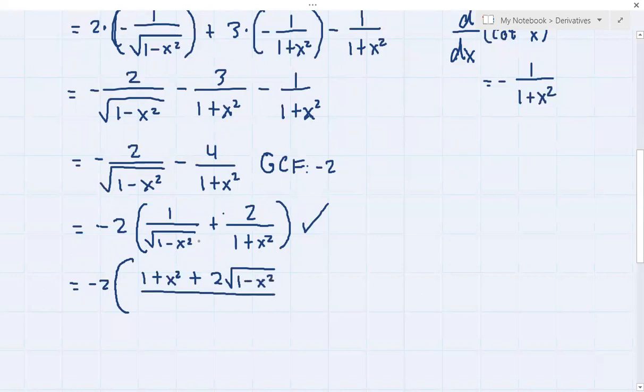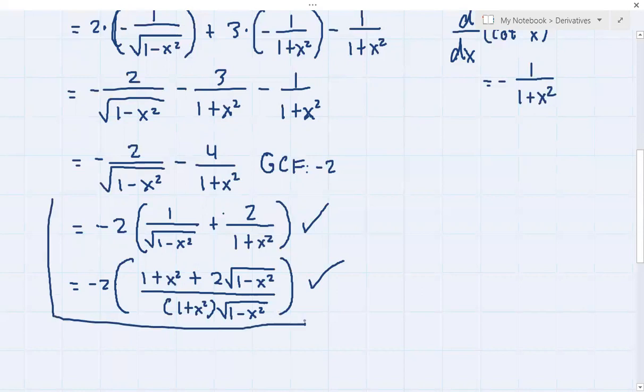All over, we multiply the denominators: the quantity 1 plus x squared times the square root of 1 minus x squared. This can be your final answer. Either of these two is correct.